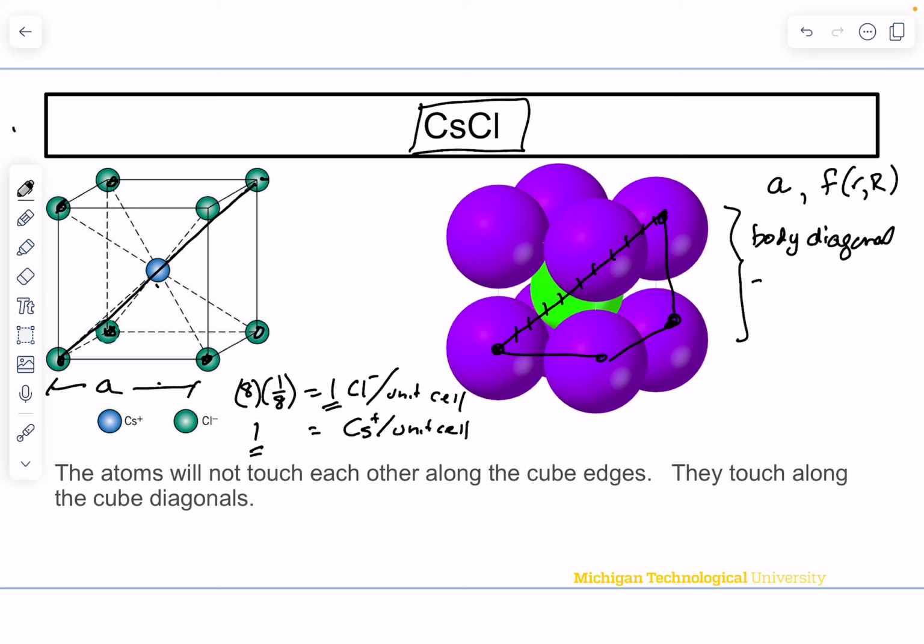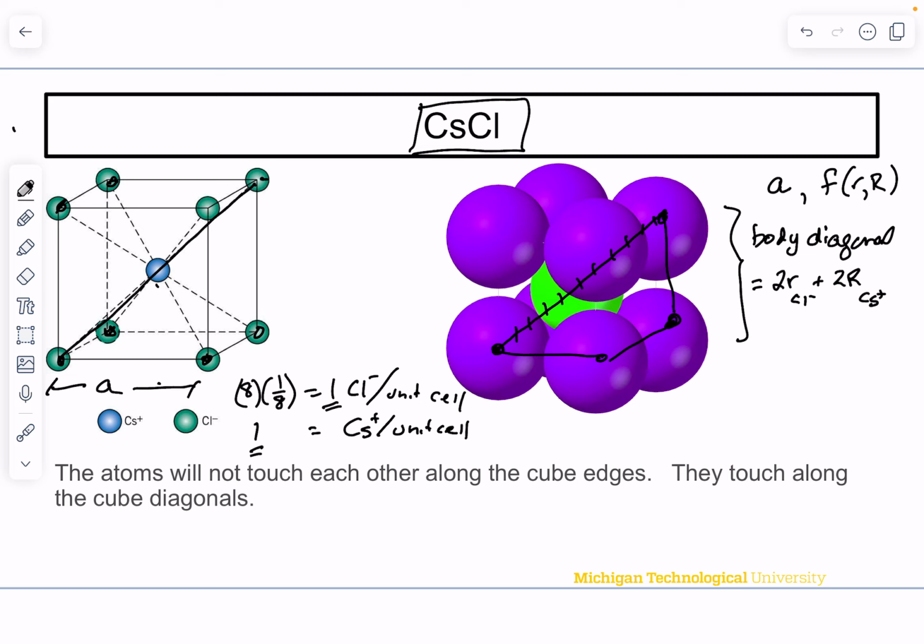By inspection, we can see that the body diagonal's length will be equal to 2 times the radius of the corner ion, which in this diagram is the chloride ion. So I'll write R, the radius of the chloride ion, plus 2 times the radius of the cesium ion. I've just given one the symbol little r and the other the symbol capital R arbitrarily.